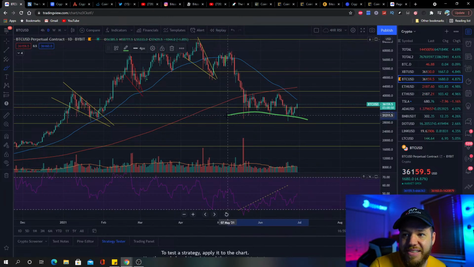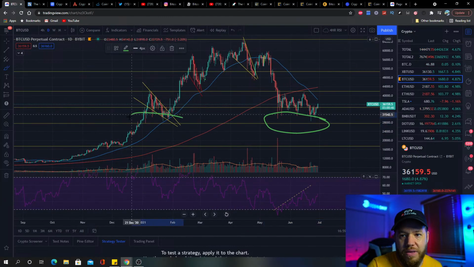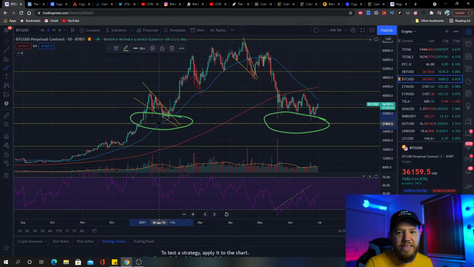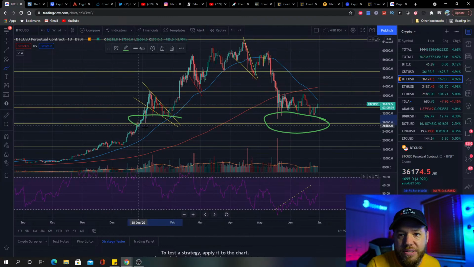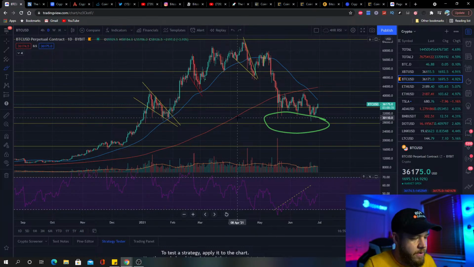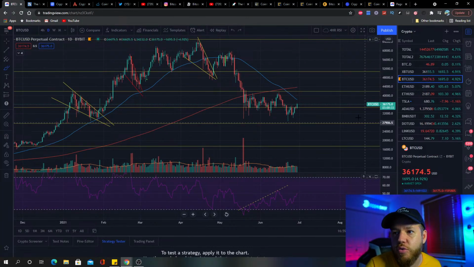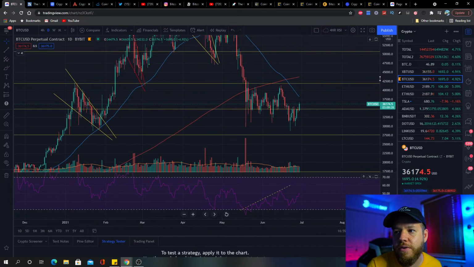So that's why this is such a strong area here. Even though this was not yet this exact level because we weren't up that high, it was a level at that point, before we knew that this would be the golden area. That's also what makes 28K such a strong support during this drop off.